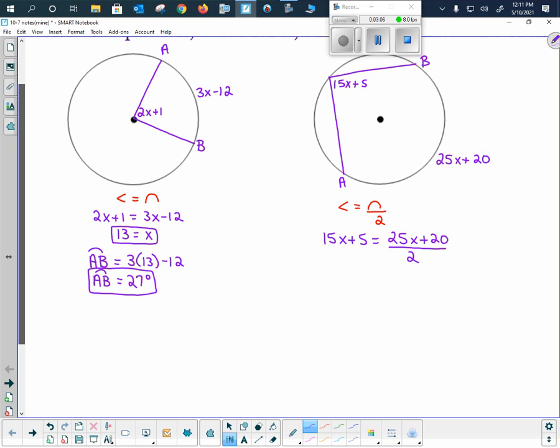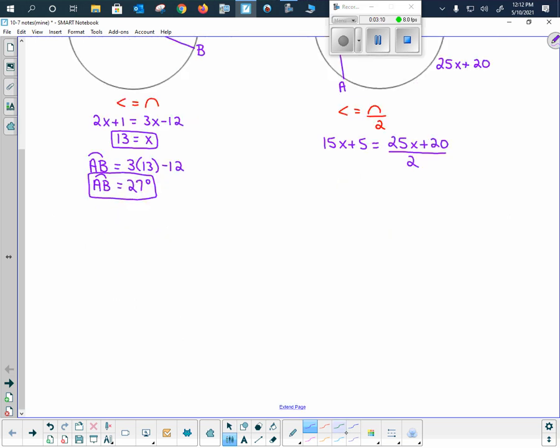So what do we do when we have a proportion, like a fraction equaling a fraction? We should be thinking, let's just put this side over 1 and cross multiply. So you want to have 2 times this entire quantity if you're going this way.